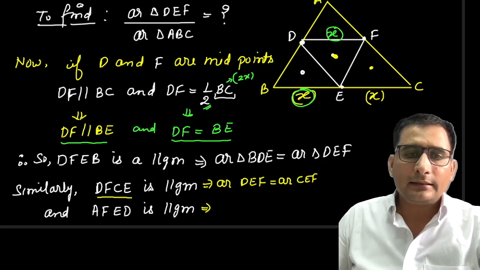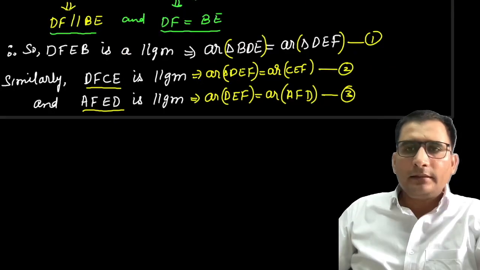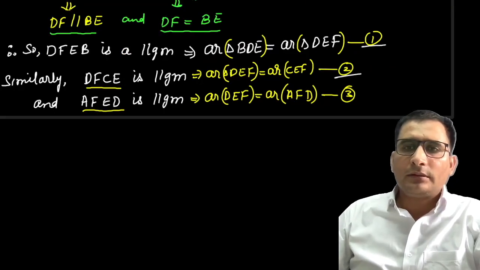And can I write like this from this AFED? जो AFED है, इसमें मैं क्या एरिया ऑफ DEF का एरिया इसके इक्वल लिख सकता हूं? ये इक्वेशन 1, इक्वेशन 2, इक्वेशन 3.